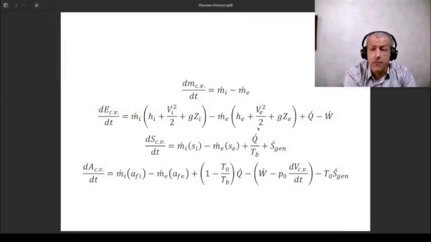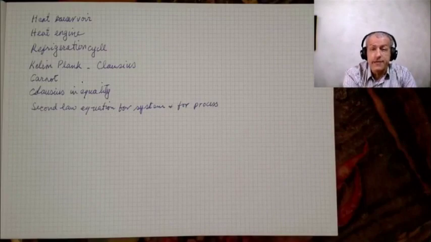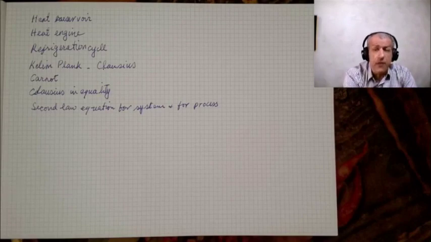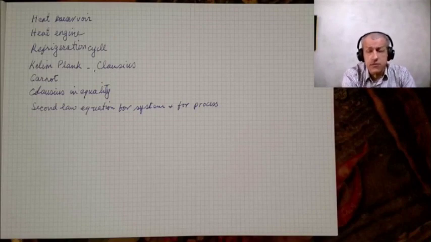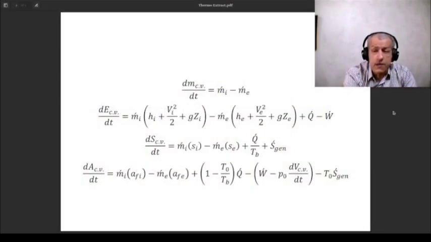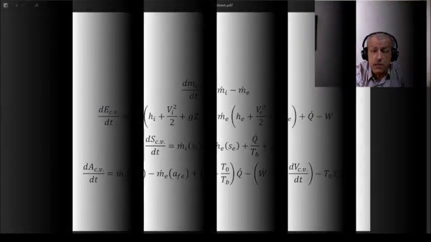In fact, I would start from this equation and then would gradually go back to second law for system, to Carnot statements, Kelvin-Planck statements, and refrigeration cycle, heat engine, heat reservoir, and then define the Carnot cycle, Carnot efficiency, and show, in fact, that if we are able to start from Kelvin Planck and Clausius statements, then we are also able to start from this equation and conclude Kelvin Planck and Clausius statements.